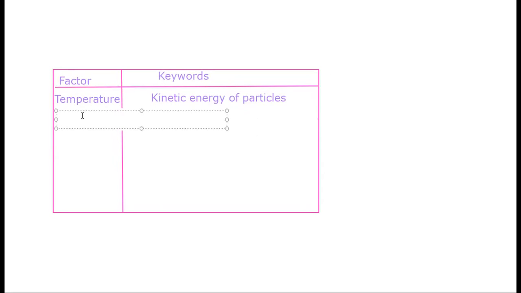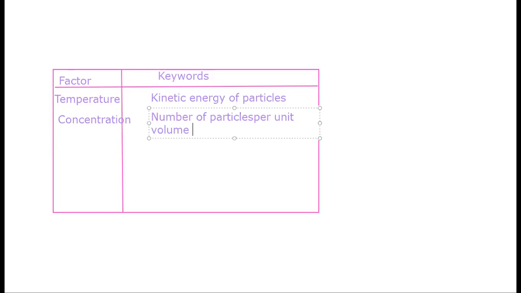Okay, now I give you the second one, which is the concentration. And the keywords will be number of particles per unit volume. Okay, I give you these two first. Some more we will add in until number 5. For your information, the factors concentration and pressure will have the same keywords, which is number of particles per unit volume.